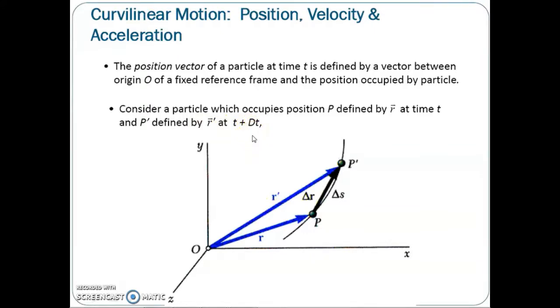This vector delta r joining P and P prime represents the change in the position vector during the time interval delta t.